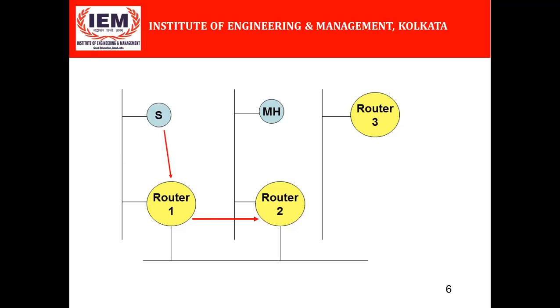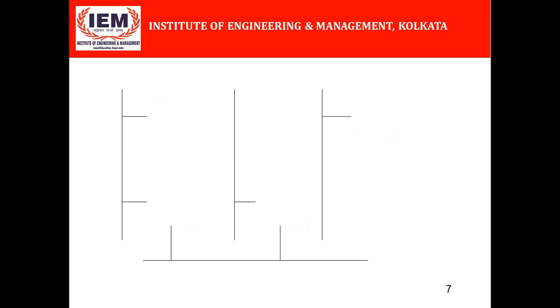Next to that, this router 2 may transmit the information towards the mobile host. This is the architecture.